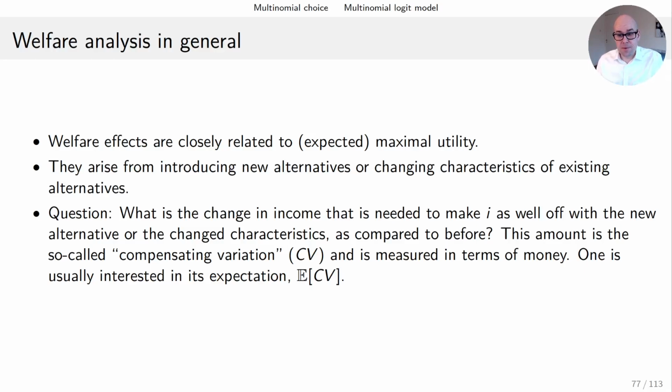And it's measured in terms of money. And here we have some randomness. So we're going to look at the average or expected compensating variation across individuals. Or you can think of it as the compensating variation from an ex-ante perspective, veil of ignorance, and so on, before consumers learn about their epsilons. So that would be this expectation here. Okay, so this expectation is over the epsilons.